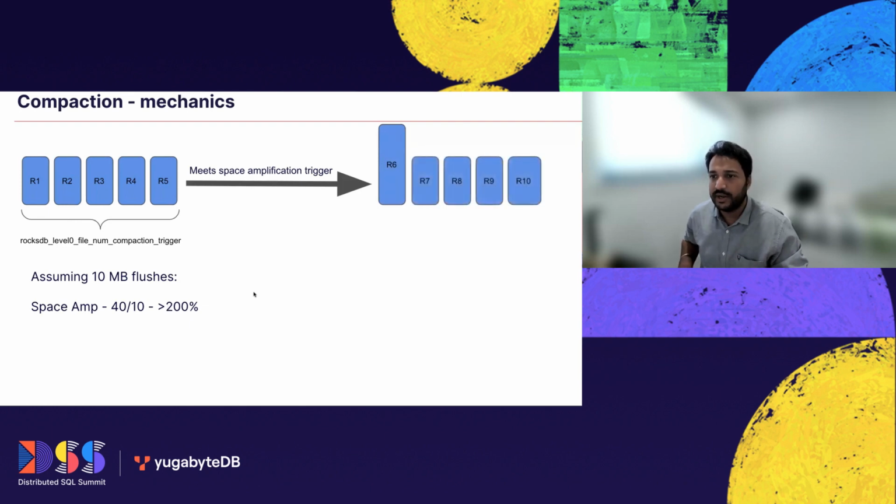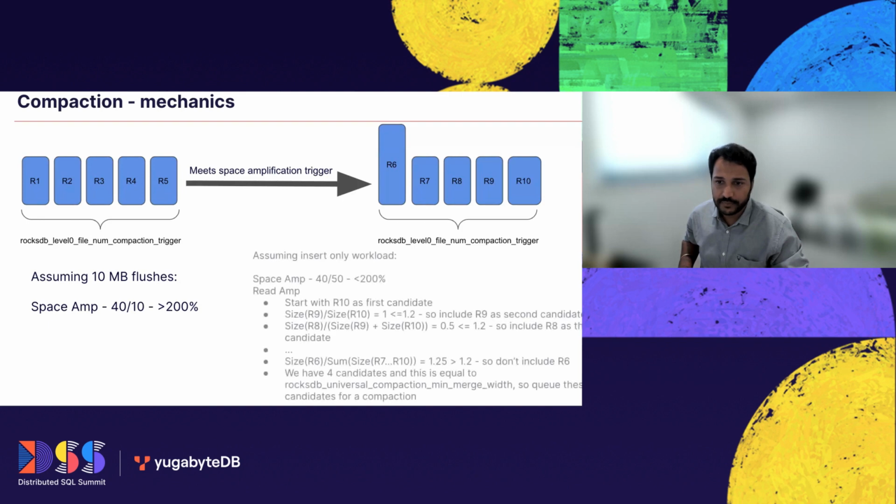Now, as you're getting more writes, let's say you get more 10 MB files, and then this is another candidate set. The system checks for space amplification, and again, now your last 4 files are 40 divided by the oldest one, which is 50. It's not 200%, so it does not meet the space amplification, and it then starts to get into details of the read amplification.